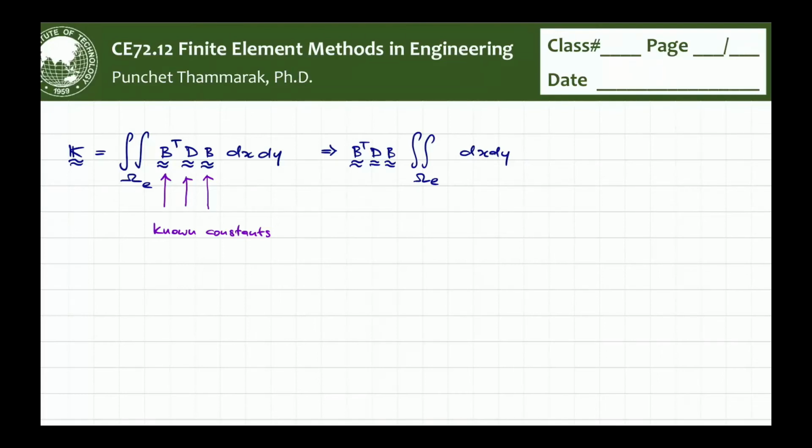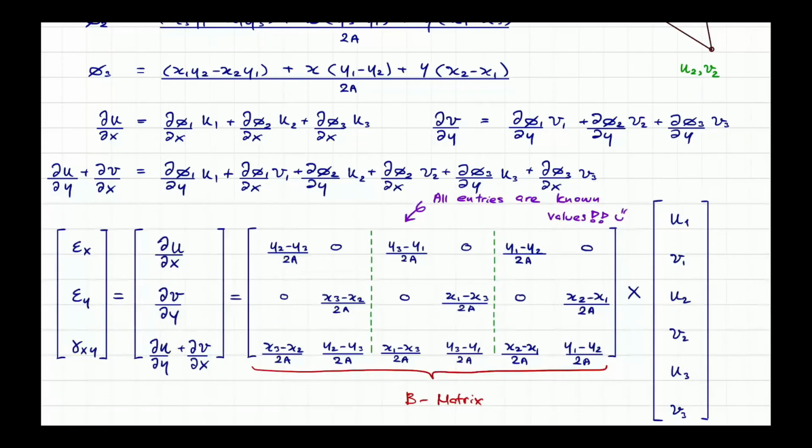What is this? This turns out to be the area, right? You integrate over the domain, your triangular domain, and what's left inside the integral is just 1. So you end up with just the area. And if you end up with the area, you can come back to here and take the B matrix.